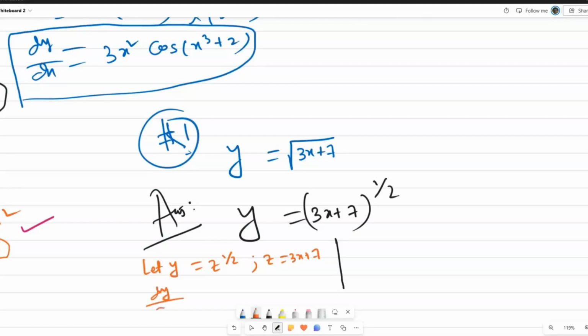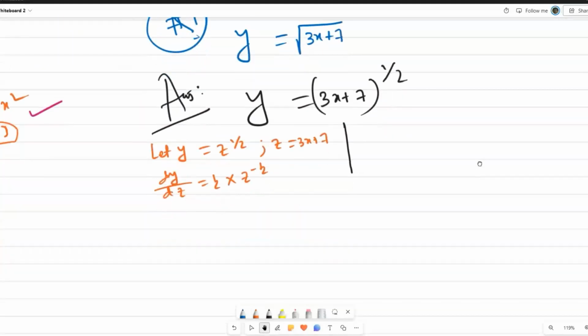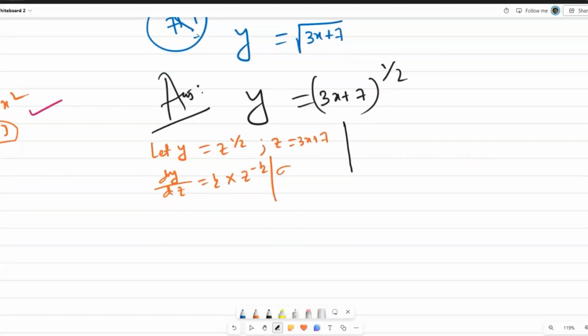We write dy by dz, half z to the power minus half. And then we write dz by dx, which is 3. So I can find dy by dz, and sorry, dy by dx I can find now.